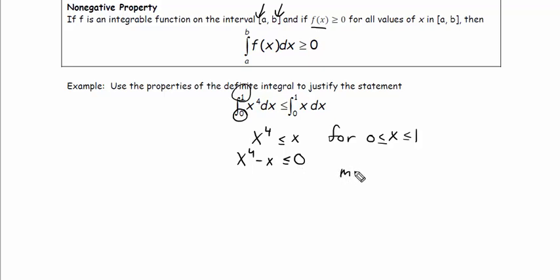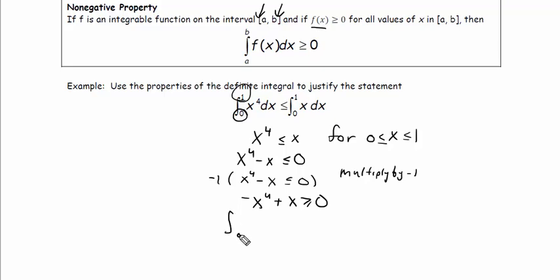And then I'm going to multiply by -1. So -1 times x to the fourth minus x less than or equal to 0. That actually switches the sign because I multiplied an inequality by a negative. Now, what I'm going to do is take the integral.